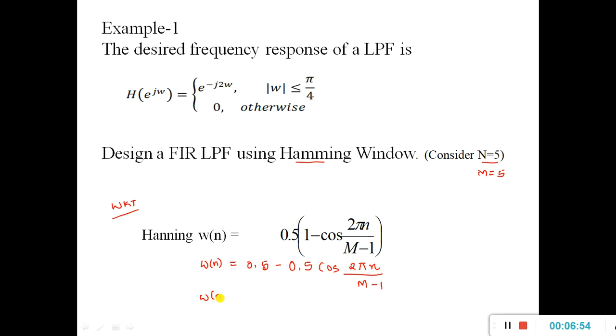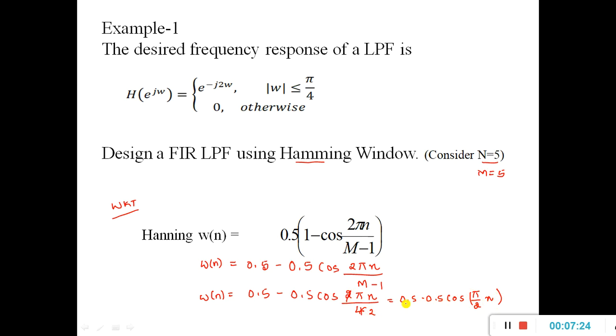So Wn is equal to 0.5 minus 0.5 cos of 2 pi n over 5 minus 1, which is 4, right? So this becomes 0.5 minus 0.5 cos of pi by 2 n.